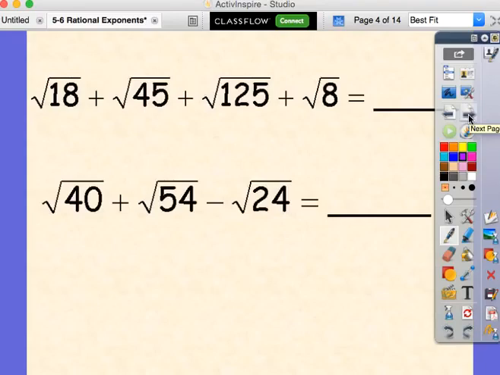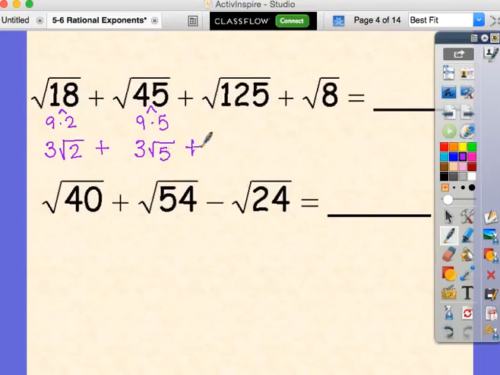So 18 can break down into 9 times 2, which we rewrite as 3 square root of 2. Very good. Plus 45 breaks into 9 times 5, which we can rewrite as 3 square root of 5. Good.